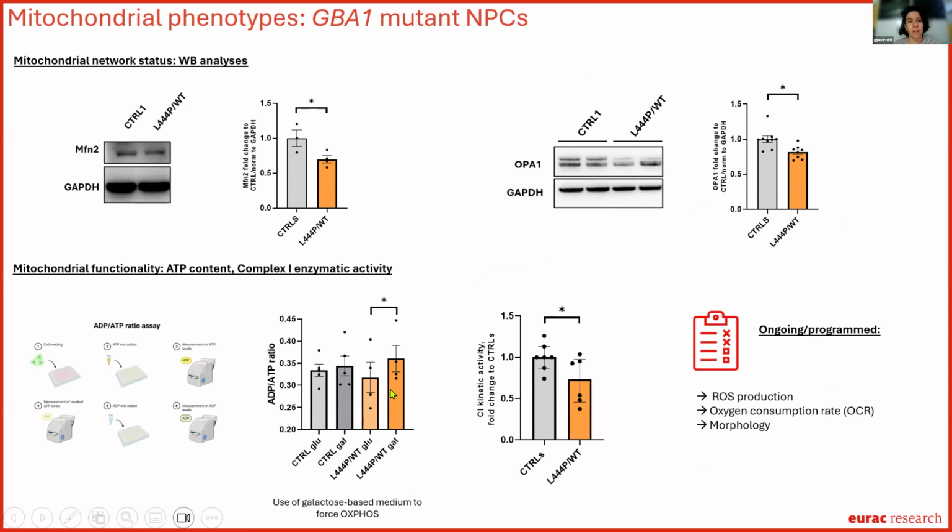Functionality-wise, we see a reduction of ATP content when we force cells to do oxidative phosphorylation, and we see a reduced complex 1 activity. We are checking also other phenotypes such as ROS content, oxygen consumption rate, and morphology.